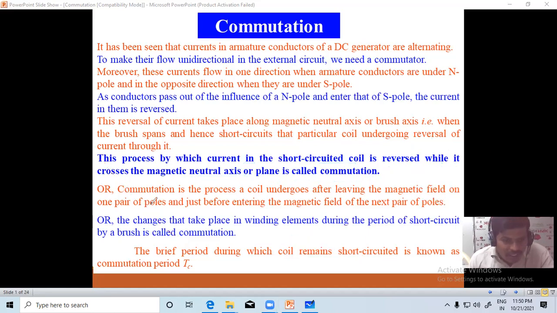Another definition is that commutation is the process a coil undergoes after leaving the magnetic field of one pair of poles and just before entering the magnetic field of the next pair of poles.